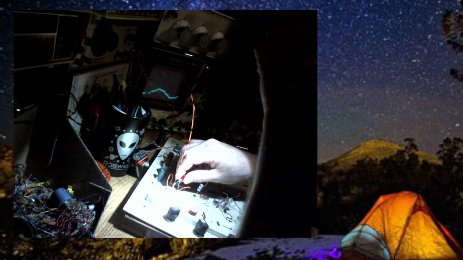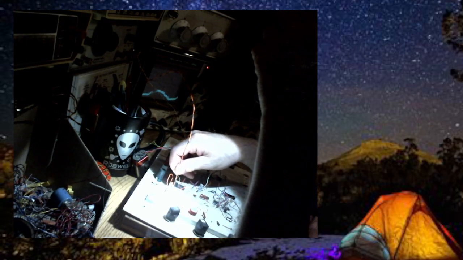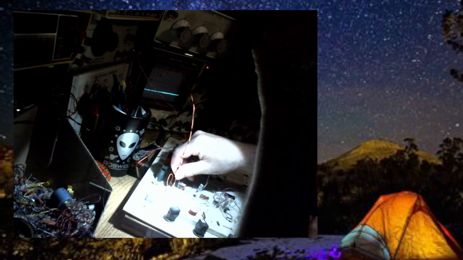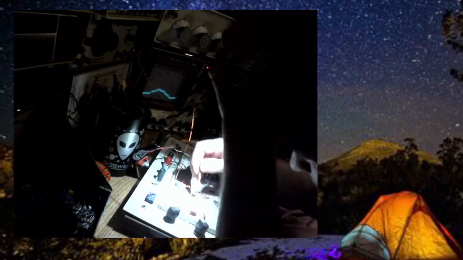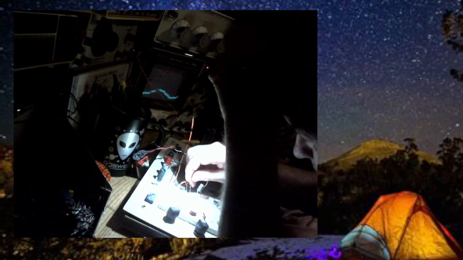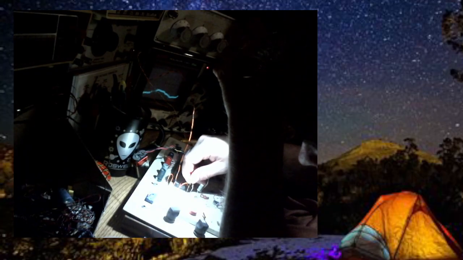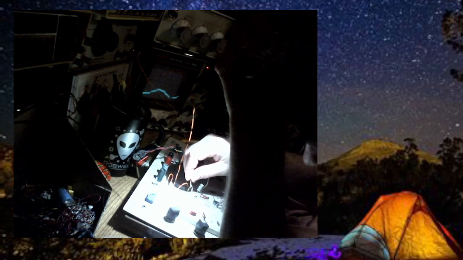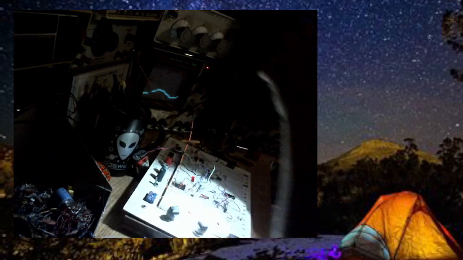I can't confirm anything with the diode. So I've reverse biased the diode a couple times, and that one's still kicking.